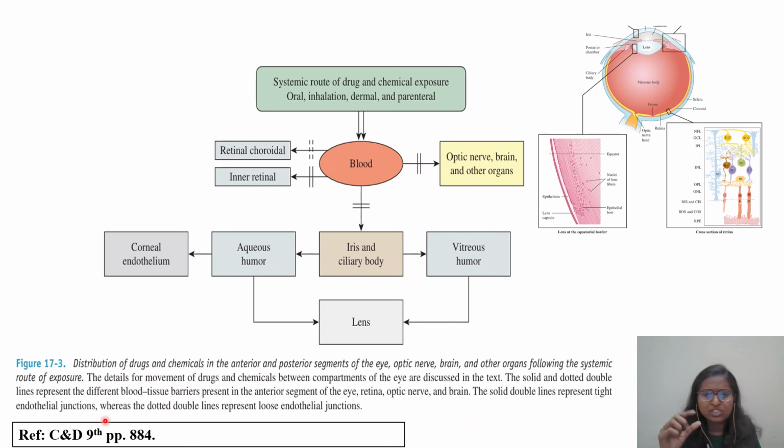Three different types of cells will be there, astrocytes, which are forming the endothelial junction, no? So similarly here also we have a solid double line which represents tight endothelial junctions. The purpose of these tight endothelial junctions is that they will not allow the passage of chemicals into the particular cell. Whereas the dotted double line represents loose endothelial junctions. Okay, so try to remember this one. Different parts of this eye: corneal endothelium, aqueous humor, iris and ciliary body, vitreous humor, how it is entering into the lens. So try to remember this particular picture.